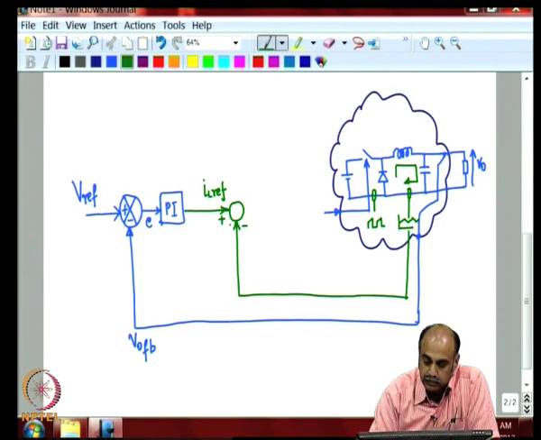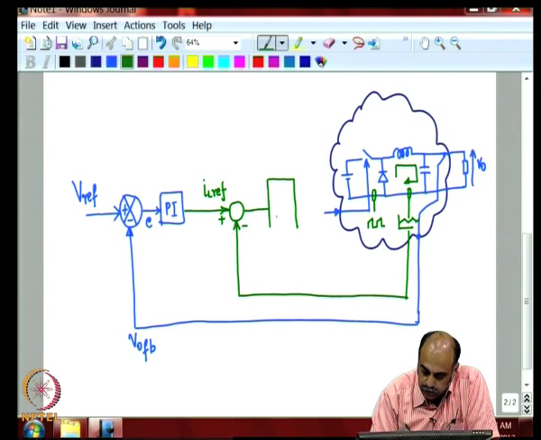So, this is plus and minus. Now, the compared output is now given to a flip flop, and it is an SR set reset flip flop.